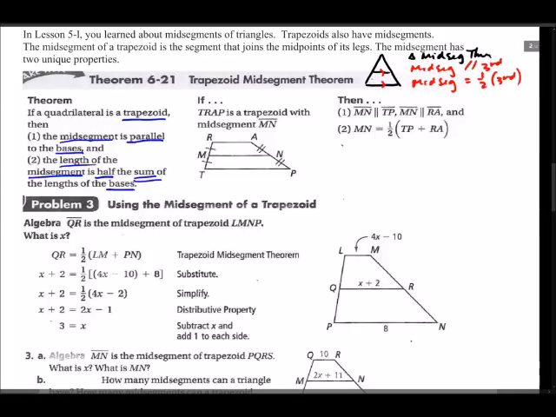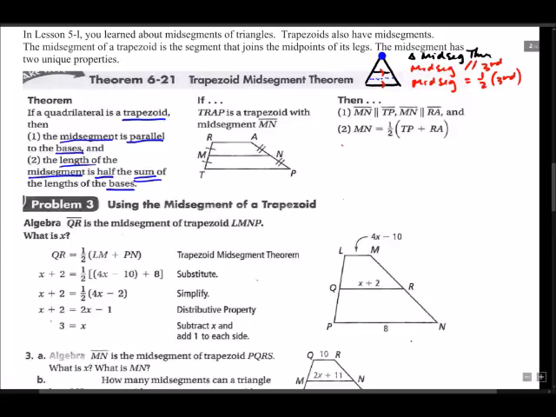Now that looks pretty familiar too, doesn't it? Well, take a look at our triangle mid-segment theorem back up here. And do you see the trapezoid in there? Okay, we are just looking at that line right there. And we can also look at this: what if we extended the sides and turned our trapezoid into a triangle?